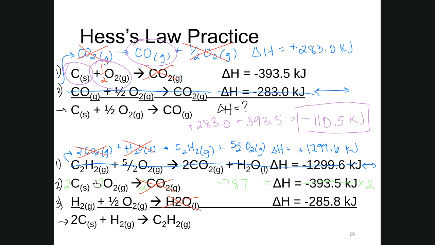Well, 2.5 can be written as an improper fraction of 5 halves. Well, guess what we have on the opposite side of the arrow? 5 halves. If you don't want to think about it in terms of improper fractions, we could start by just canceling out one of the oxygens. So for instance, we could take a look at this first oxygen, say it's 5 halves.